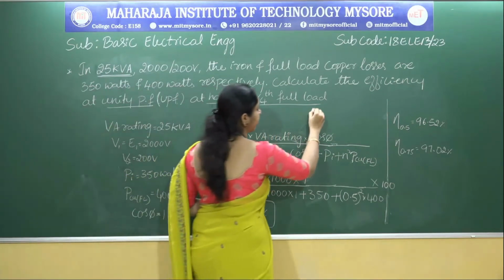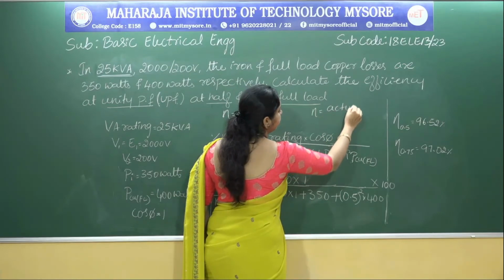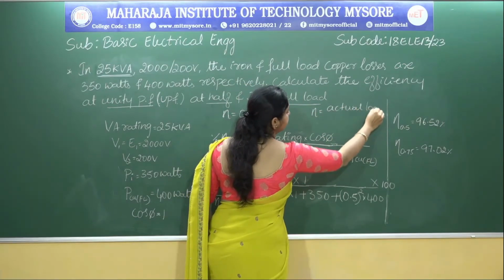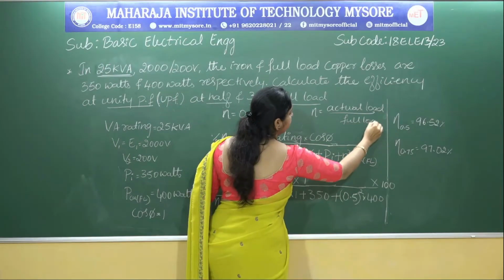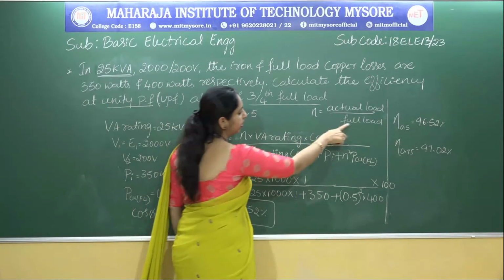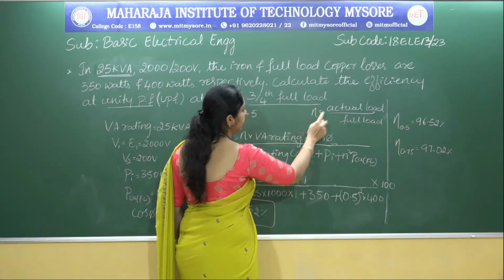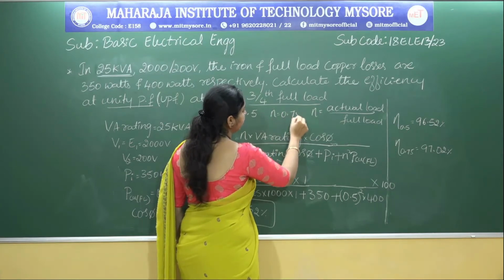As I have already defined, n is the fractional load. So n is nothing but the actual load divided by the full load. The actual load is 3/4, that is 0.75, divided by full load, which is 1. So finally n is equal to 0.75.